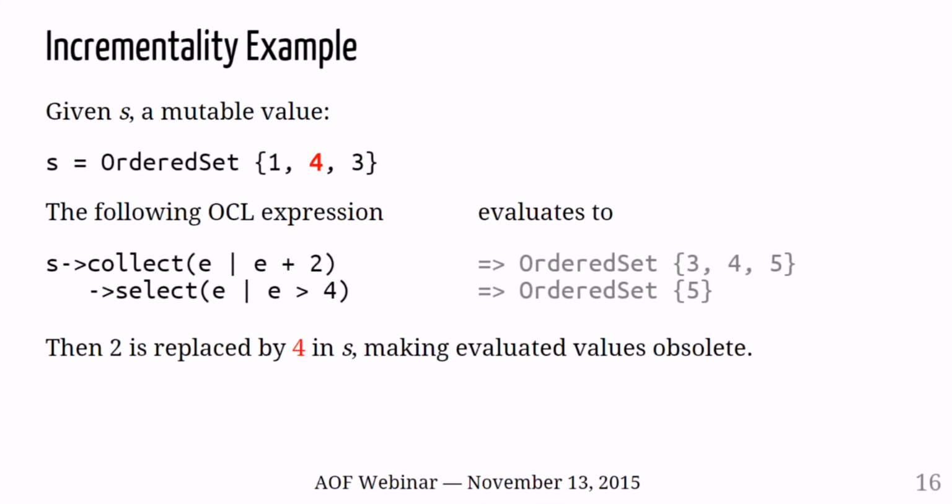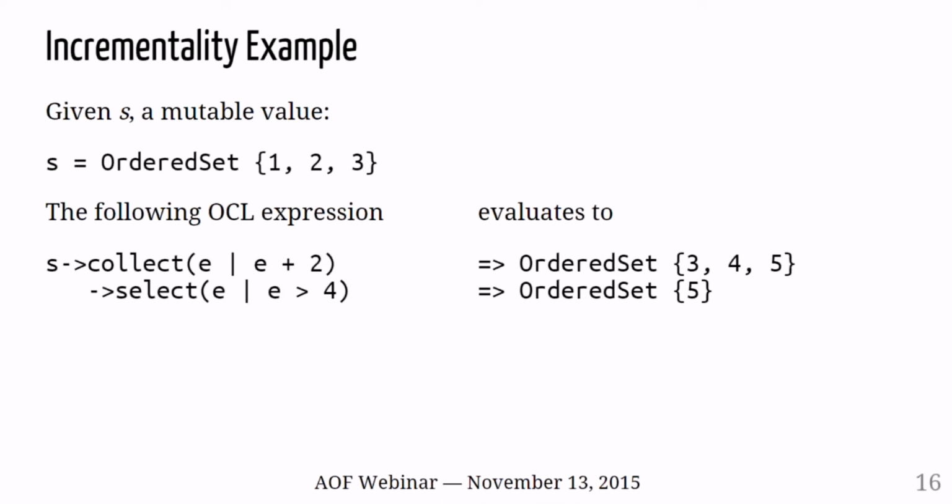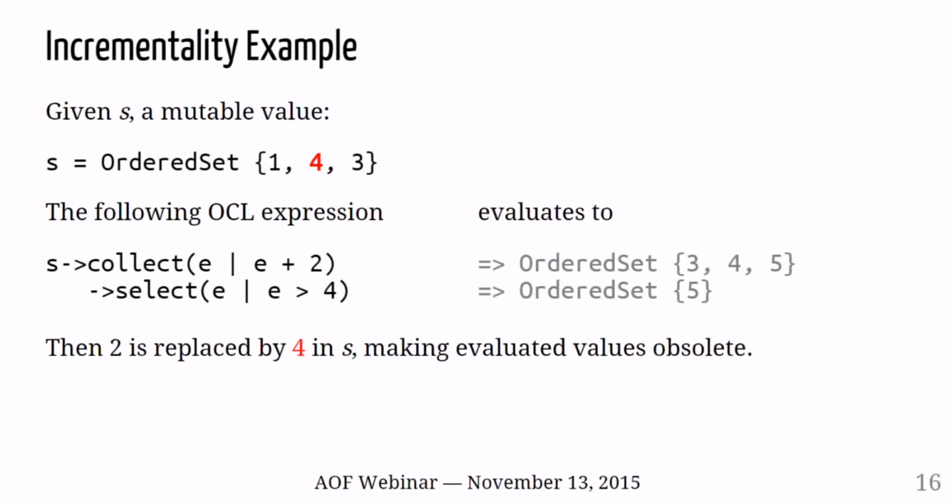So if now a change happens in the source, X. You see I'm switching between slides. I don't know if you can see the animation. If we replace 2 by a 4, then of course it makes the intermediate value and result obsolete, which is why they are grayed out here.